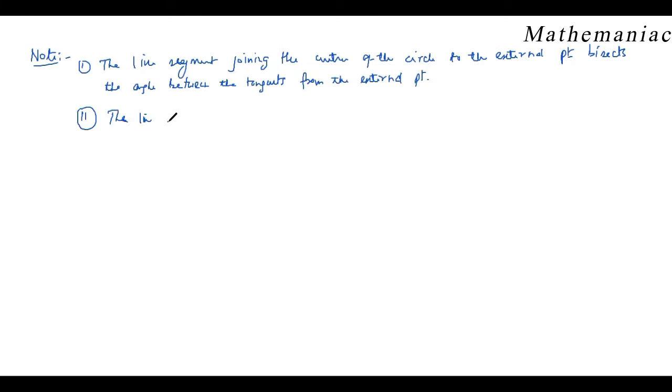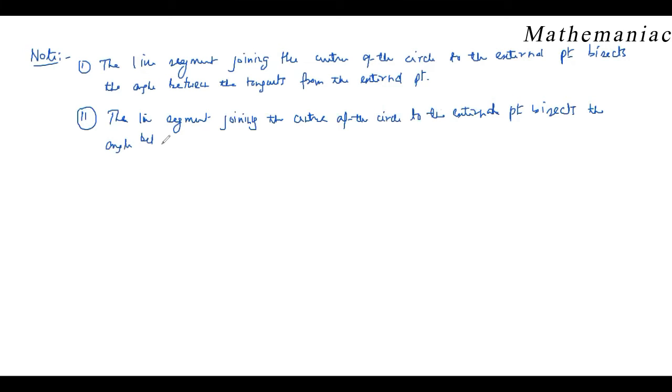The line segment joining the center of the circle to the external point bisects the angle between the radii, not radius, radii to the point of contact of the tangents drawn from the external point.